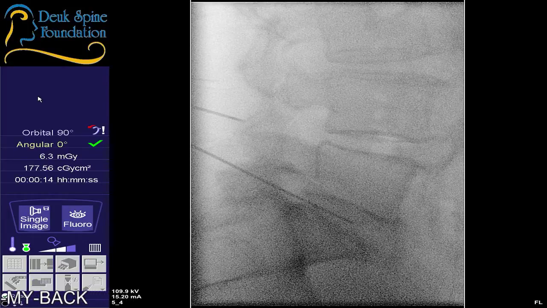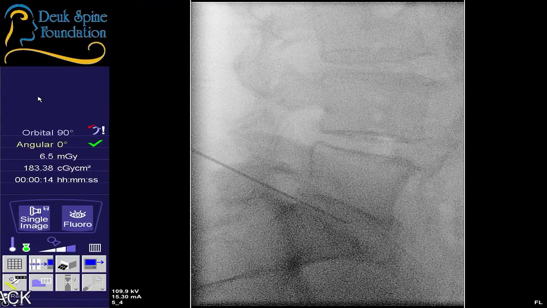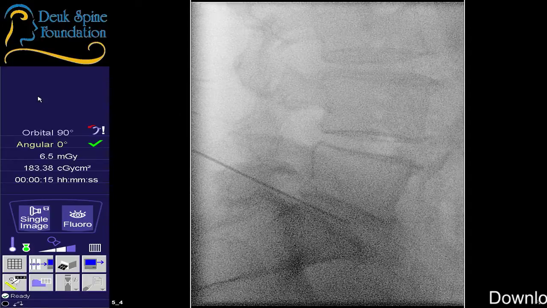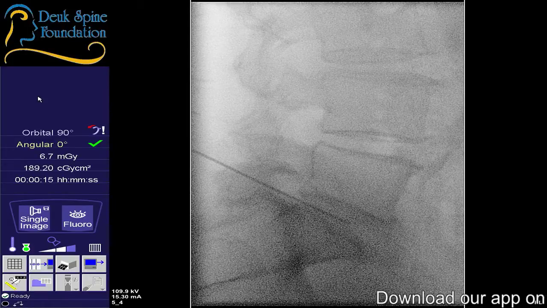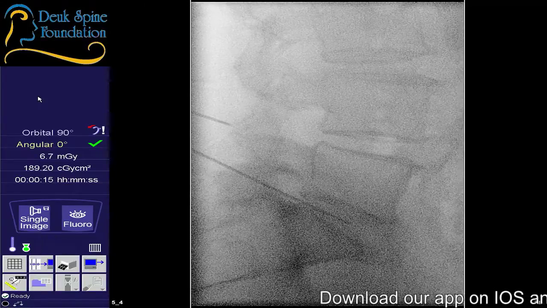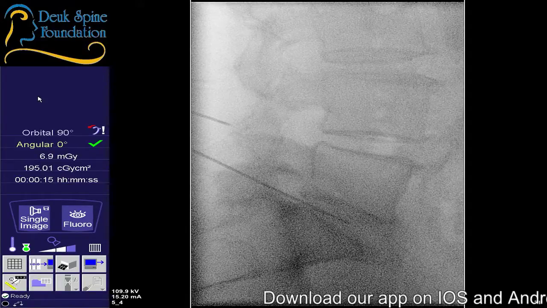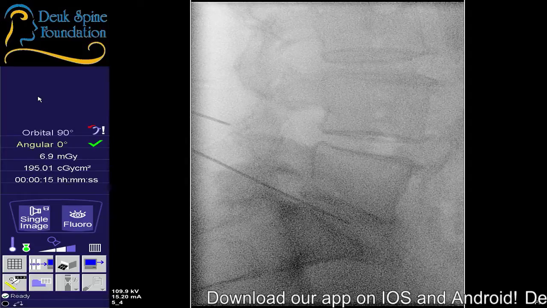It's so nice that she's able to sleep during the surgery, even though we've given her no sedation, right? As of yet. So she's very comfortable, which is exactly what we want for our patients.